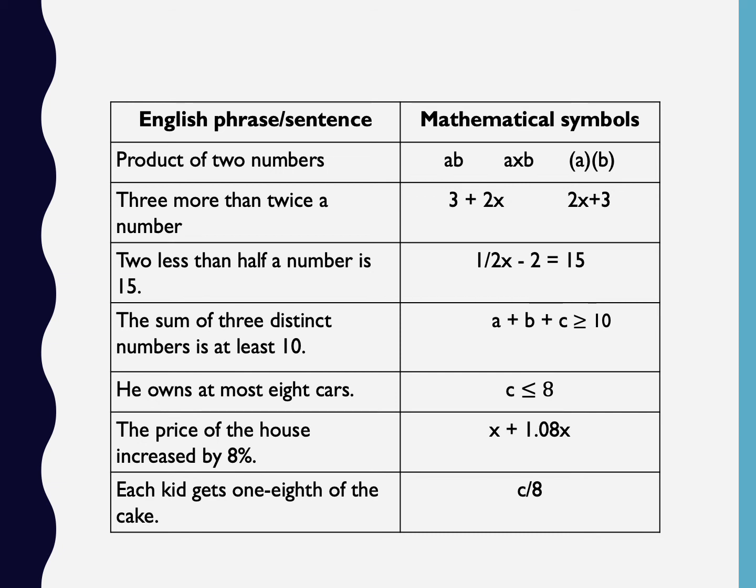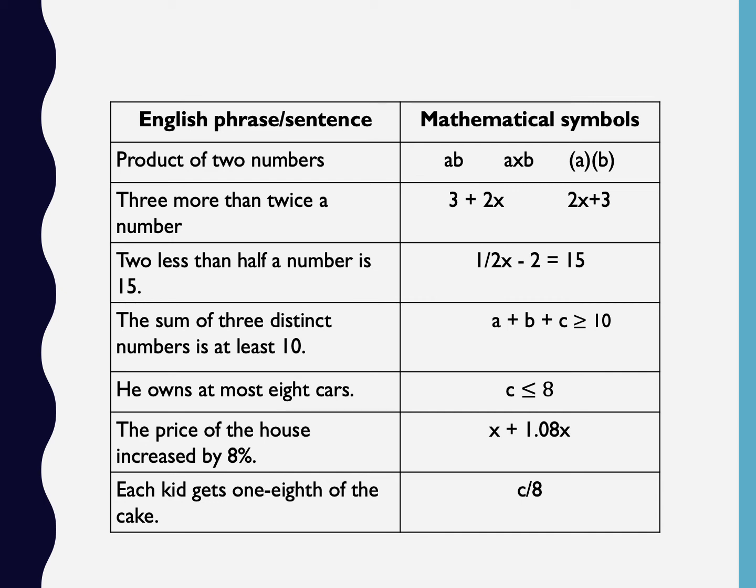Next, the sum of three distinct numbers is at least 10. So here, you have the keyword at least. So meaning it is an inequality. So you will use a greater than or a less than symbol. Since you need a sum of three distinct numbers, you need to use three different variables.